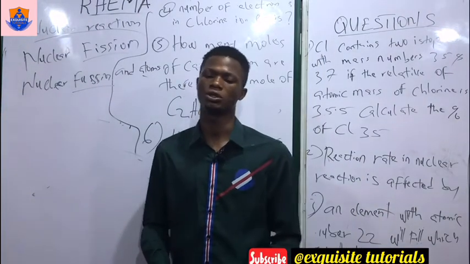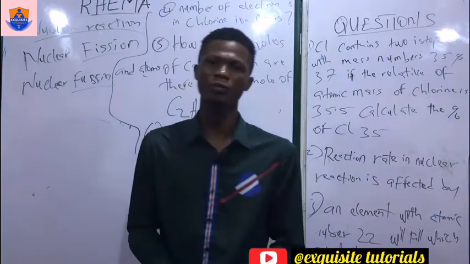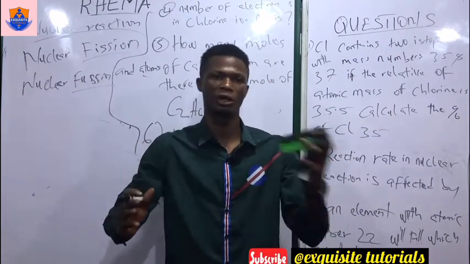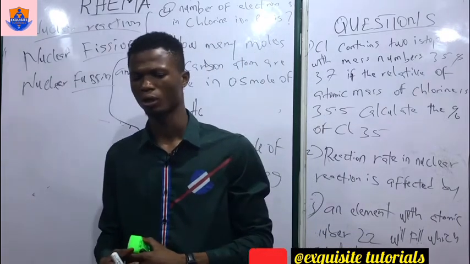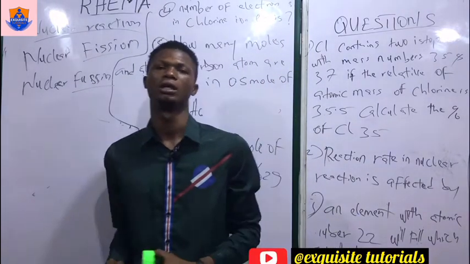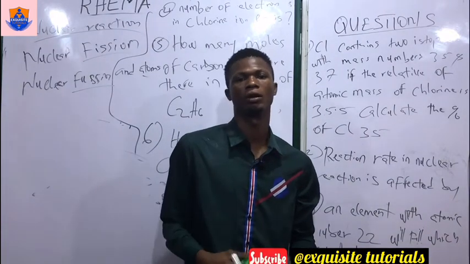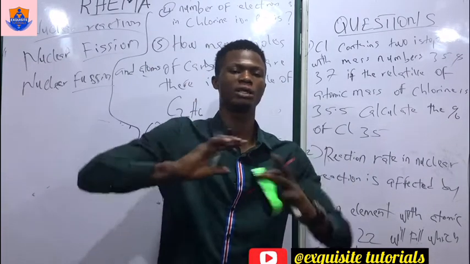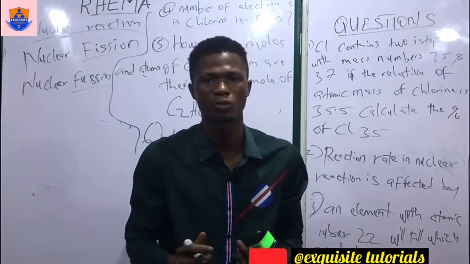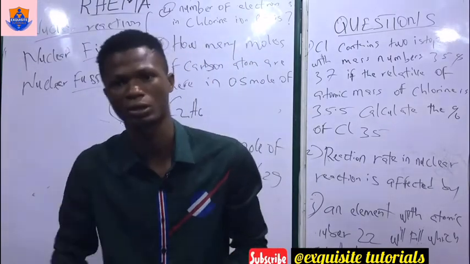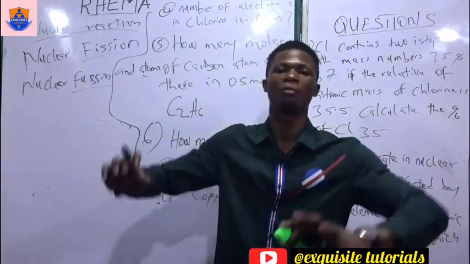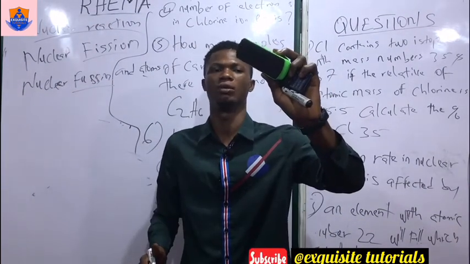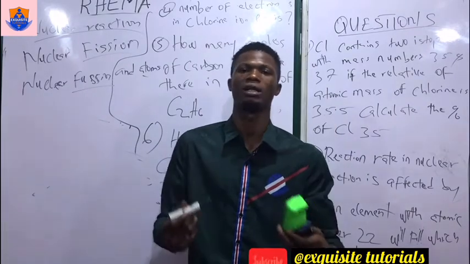Now, fission has to do with a big mass of a substance disintegrating to form smaller masses. Let's say, for example, we have decane as number 10 in your organic nomenclature. When a substance that has a mass number of 10, let's say decane, disintegrates to form ethane and octane, it is a nuclear fission, whereby a big substance is being broken down.